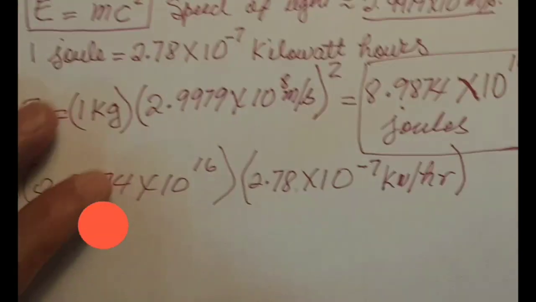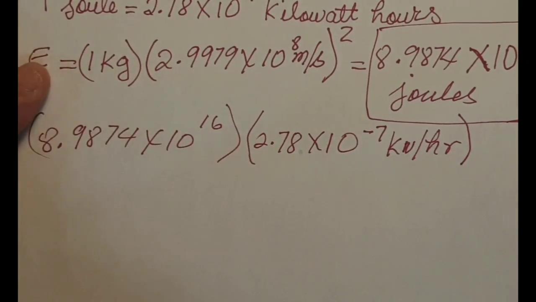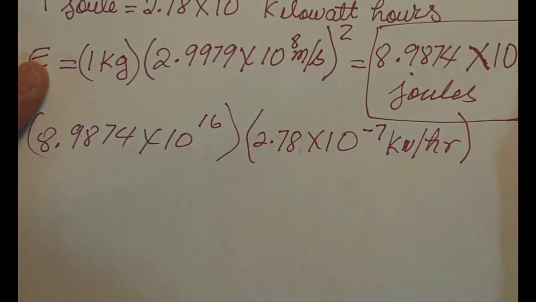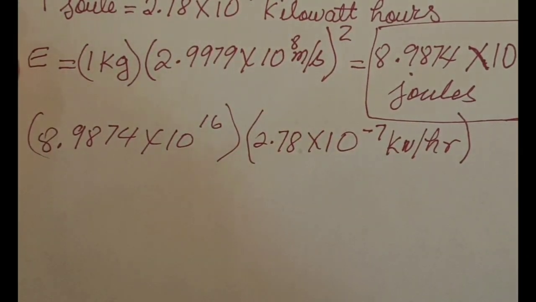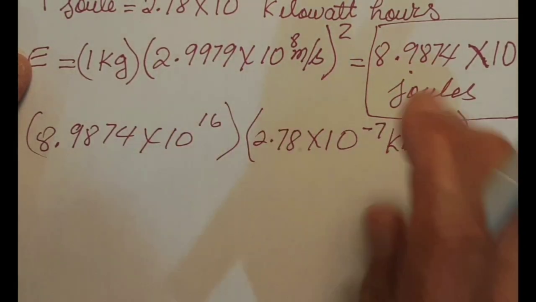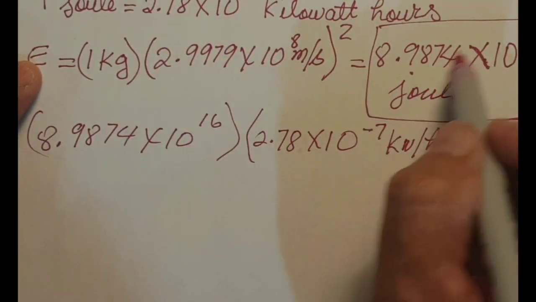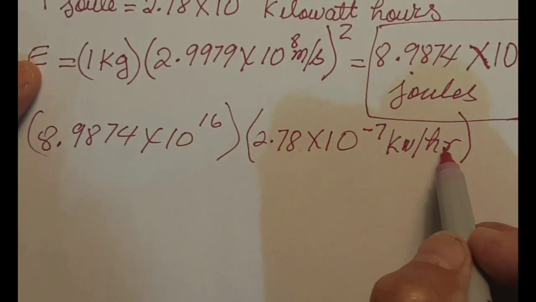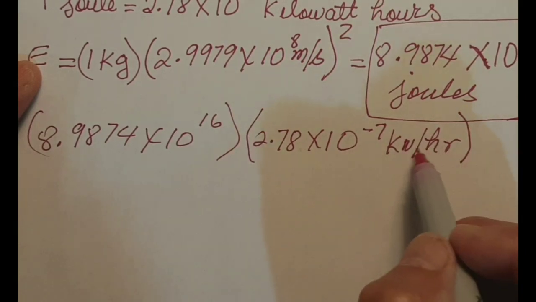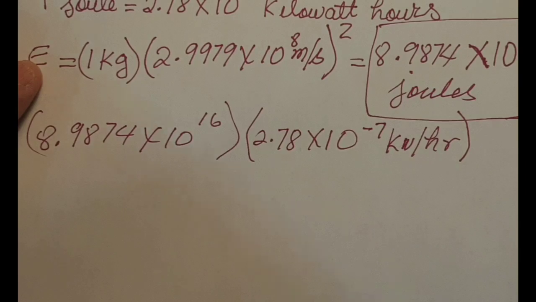So the answer is going to be here. Since this is joules, multiplied by kilowatt hour per joule, whatever we get in the answer is going to be kilowatt hour.